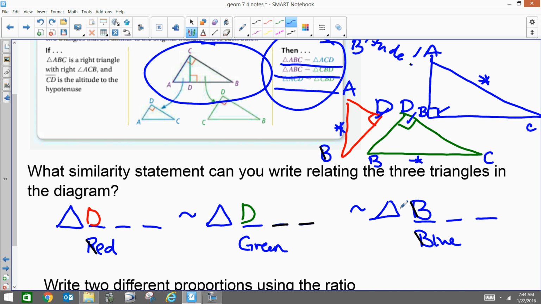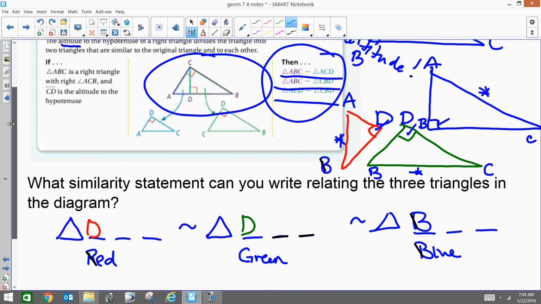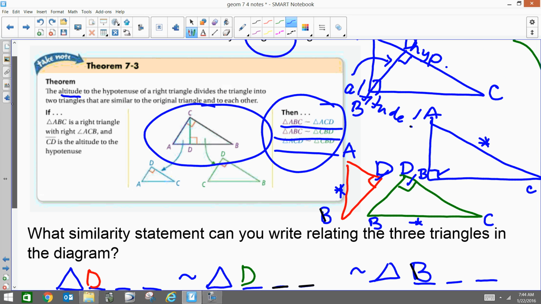All right, now this other part gets a little tricky. We have to look for a common angle. All right, so if you trace over here, we want to go back to the original, and remember on ABC and ABD that A is the same.